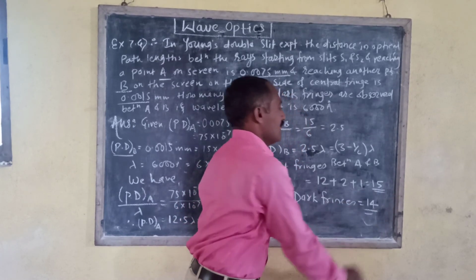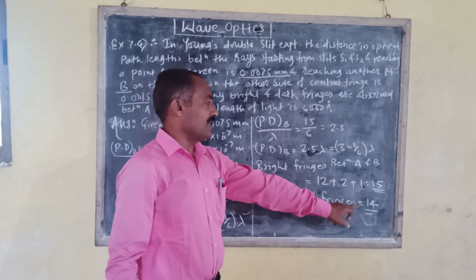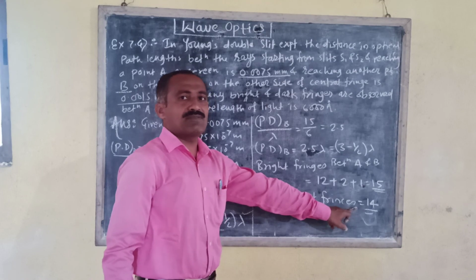Therefore, in between A and B, 15 bright fringes and 14 dark fringes will be obtained.